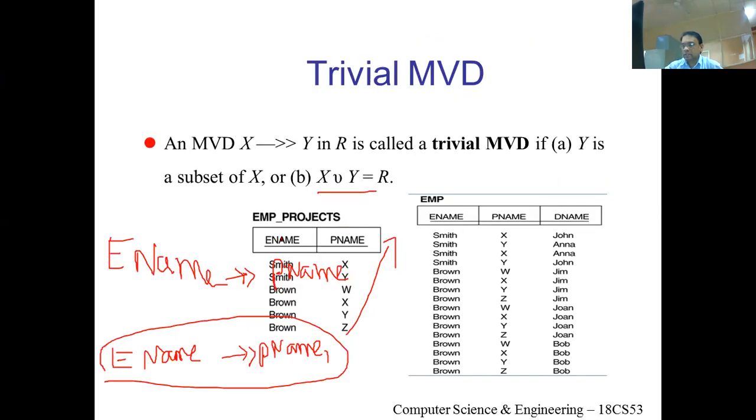In this case, the non-trivial multivariate dependency is ename multi-determines project name and dependent name. So ename multi-determines pname is also non-trivial.